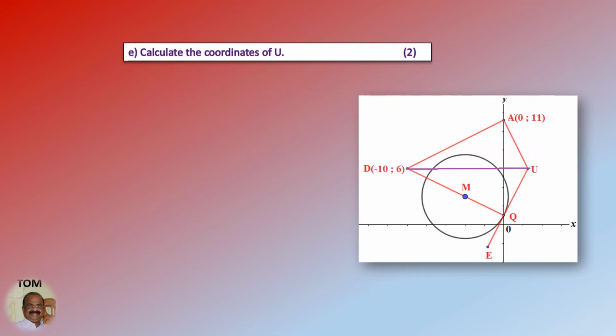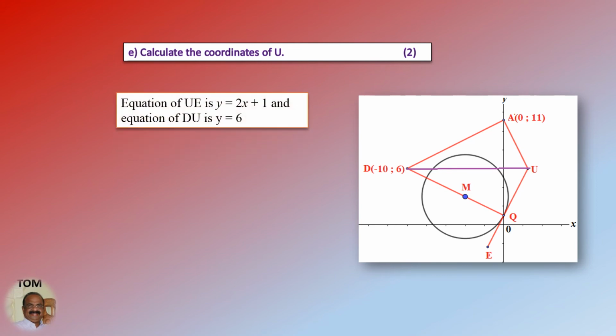Next question, calculate the coordinates of U. U is a point of intersection of DU and UE. And we know the basic idea of calculating the point of intersection. Solve the two equations.